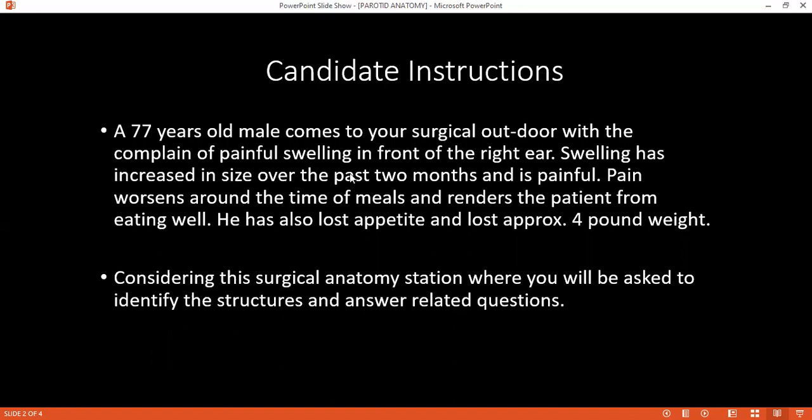Considering that this patient's swelling has been painful, what would be your provisional diagnosis and differential diagnosis?